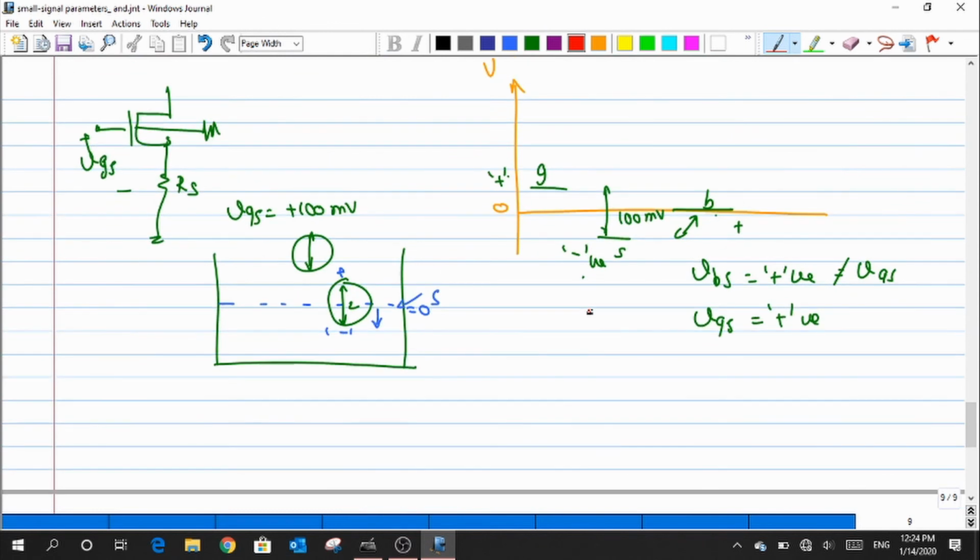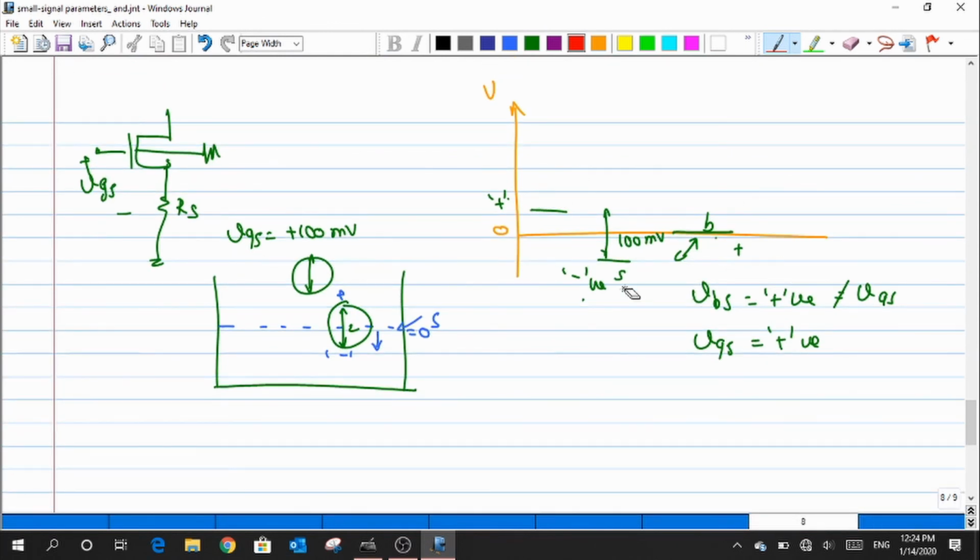You can still use the same analogy: rather than having the gate at the top and the source at the bottom, this time the source was shifted towards a higher potential than the gate. Now what I'm trying to read is the potential difference between the body and the source. So this VBS is read as VB minus VS, but VS is much larger than VB, because VB is fixed at 0 volt and I'm trying to have a positive quantity for VS. So I will have a negative quantity. Am I right? I hope that you people are following it.